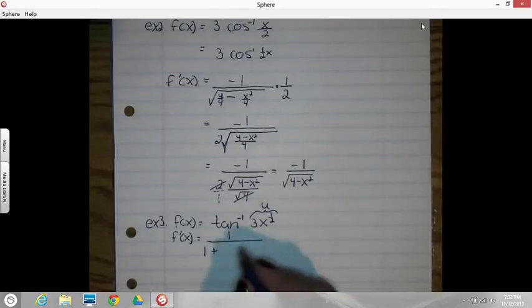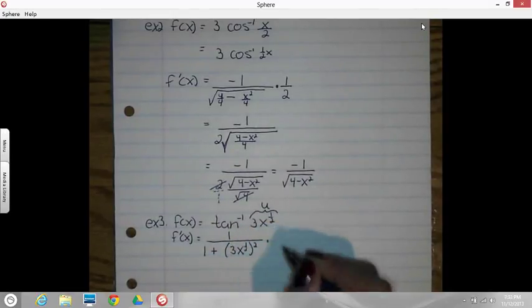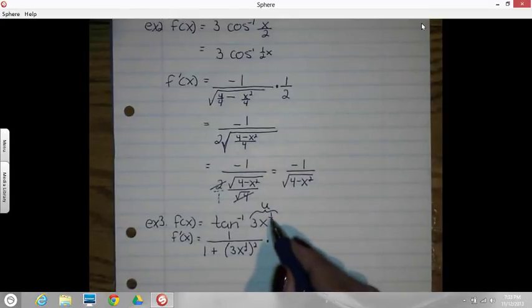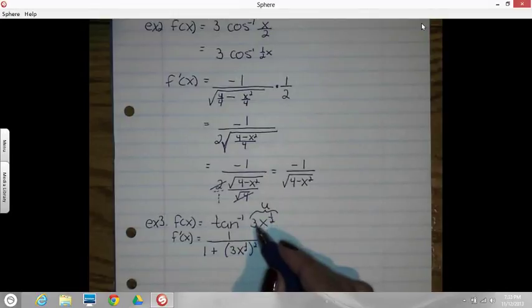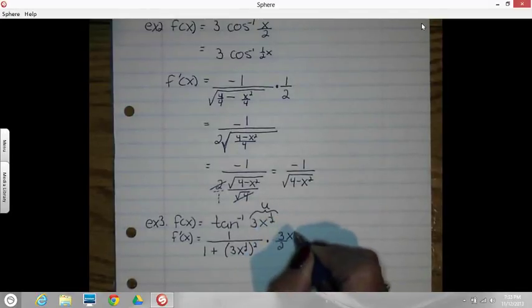For this one, I think I will put it in parentheses. 3x to the 1/2 squared, and then times the derivative of the u. Well, that's a little power rule. The 1/2 gets multiplied by the 3, so that'll be 3/2 times x to the 1 less power, that's going to be -1/2.